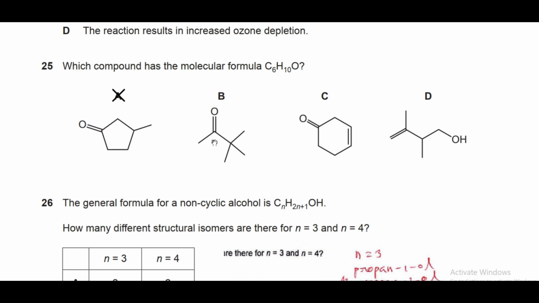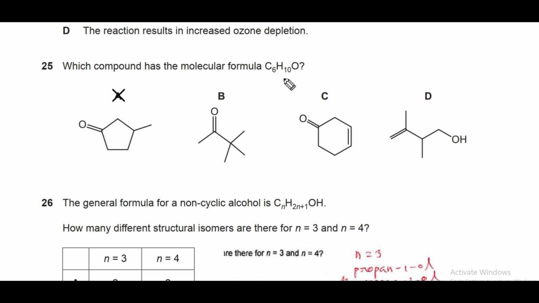Now, which compound has the molecular formula C6H10O? So the answer will be A. If you count carbon: 1, 2, 3, 4, 5, 6 carbon.